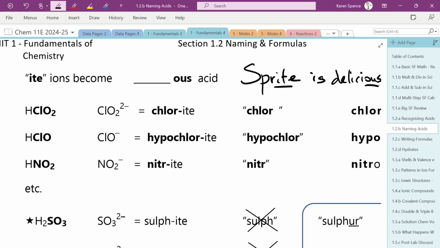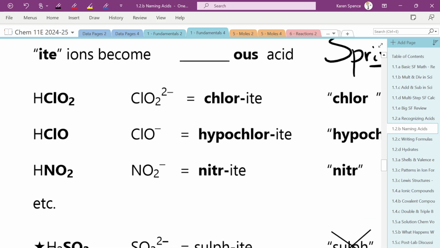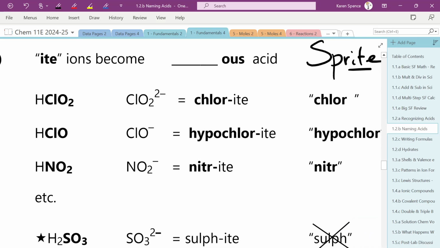Now, I have gone out of my way to find a font where an I and a capital L do not look anything like each other. Okay? So when you see my resources, other than this one, because this is the one you're going to get close to the one you're going to get in grade 12, so I want you to get used to it.